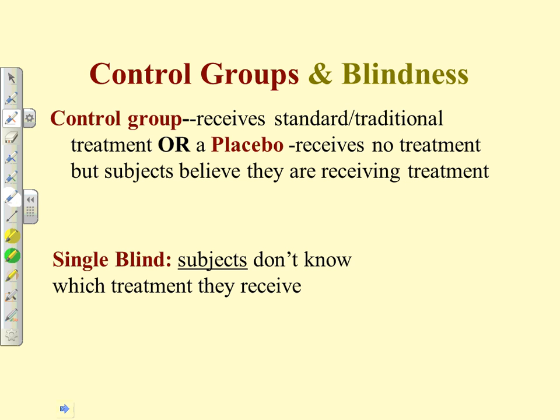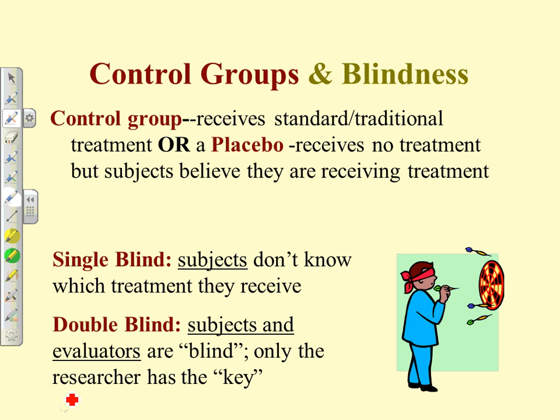Okay, now, we talked about the controlled groups. Let's talk about situations of blindness. We can have a single blind experiment or a double blind experiment. We'll draw up an example of a double blind experiment. Control group, we've already kind of listed. That's the group that is doing nothing, that's changed nothing, or they're receiving a placebo.